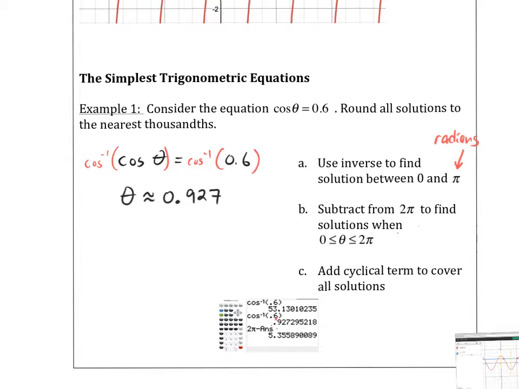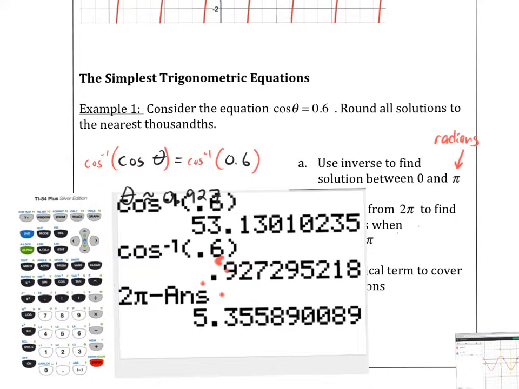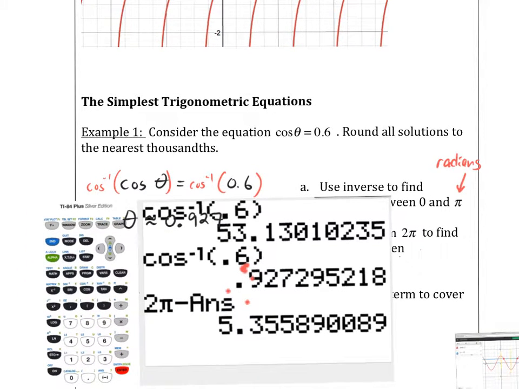Now, because of the nature of its cyclicalness, I'm sure that's not even a word, we're going to subtract it from 2 pi, kind of like supplementing, but it's 2 pi instead of 1 pi. So what we do is subtract 2 pi and then subtract the answer from that. I'll explain in a moment why we do that, but I get 5.356 there.